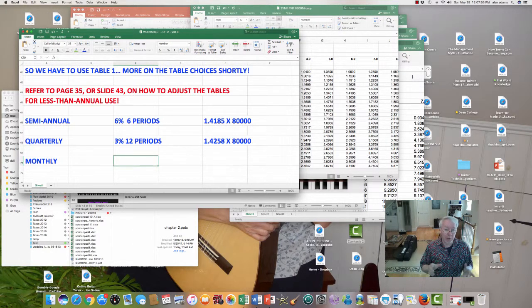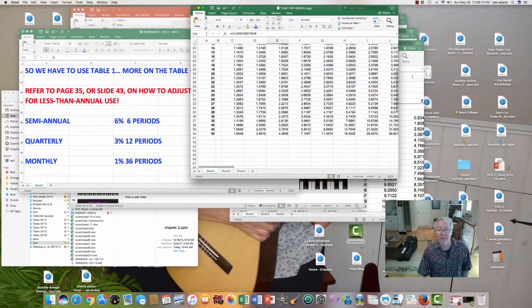Monthly, 12%, 3 years. If you do it monthly, that's going to be 1%, 12% divided by 12. And that's going to be 3 years times 12 months, which is 36 periods. Oh boy. Look at the problem. We don't have 36 periods.